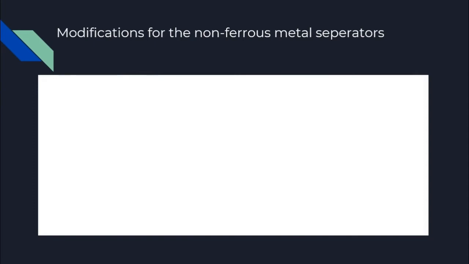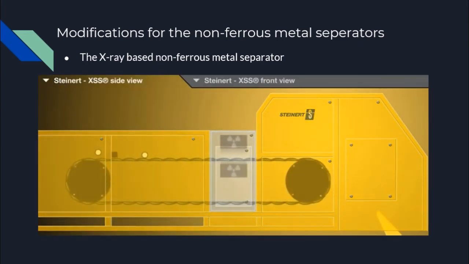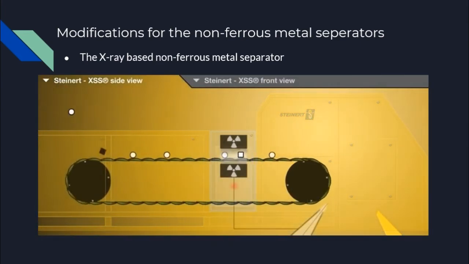Another modification for the non-ferrous metal separator is the X-ray based non-ferrous metal separator. It basically identifies the non-ferrous metal by scanning its composition when it passes through the detector at the conveyor belt.